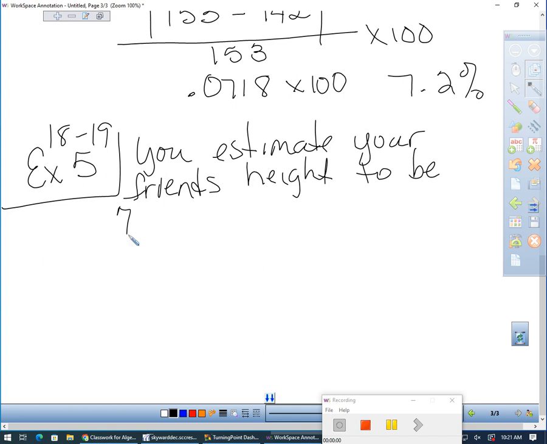All right, so that's 70 inches. He is actually 7'1", really?